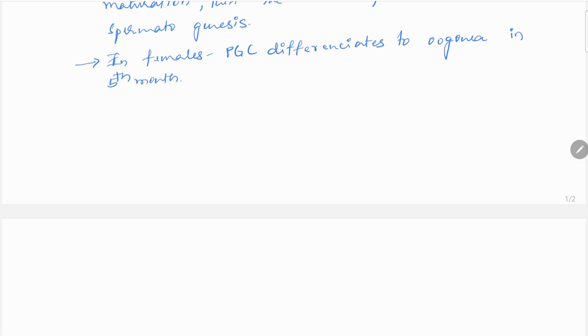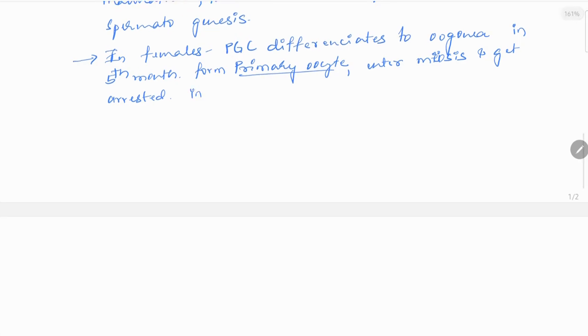They form primary oocytes. They enter the meiosis process and get arrested again in prophase. Which phase? In prophase.